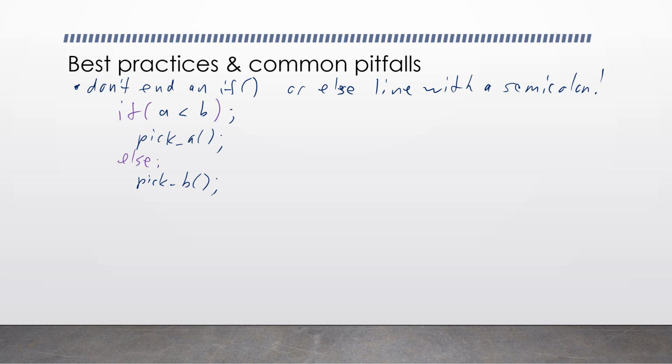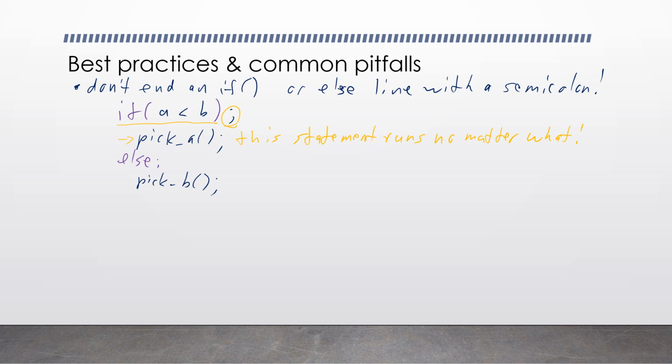guess what would happen? The program would read through, if A less than B, what does it want me to do? It wants me to do an empty statement. Well, kind of odd that the programmer wants me to do nothing here, but that's what they said, so I'm going to go with it. And then it's going to execute pick A. This statement will run no matter what. And then it's going to see else, and what's it going to do there?